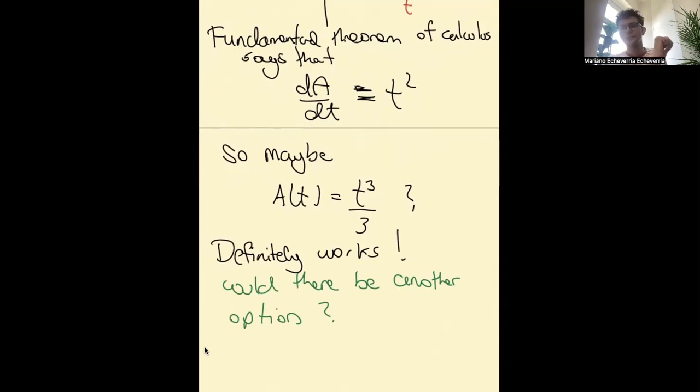Yes, in a very silly sense, because if you take something like t cubed over 3 and add a constant to it, you will still get the same derivative, because the derivative of a constant is 0. But that's the only thing that could happen.